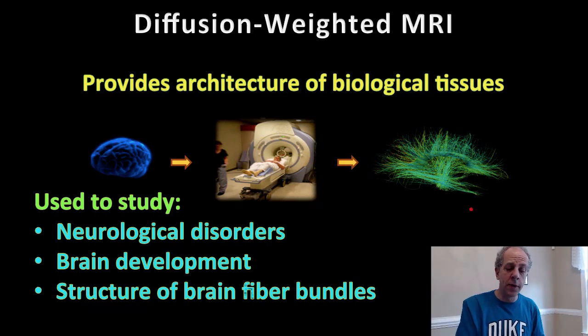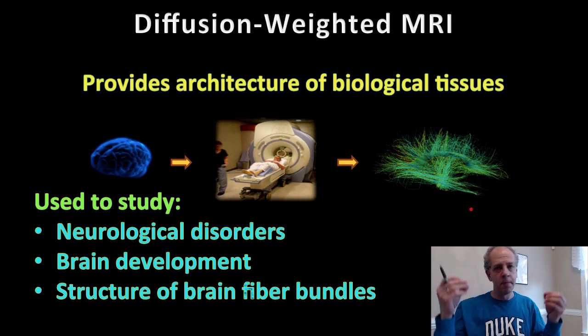It has been used for neurological disorders. If the connections are not what we expect, that might actually mean something. It has been used to study normal brain development. And in general, it's used to study the structure of fiber bundles, basically connections in the brain.